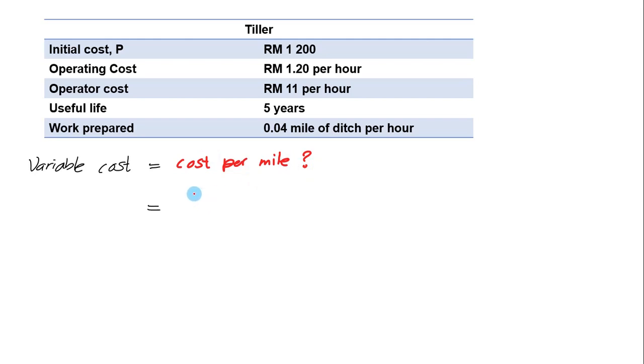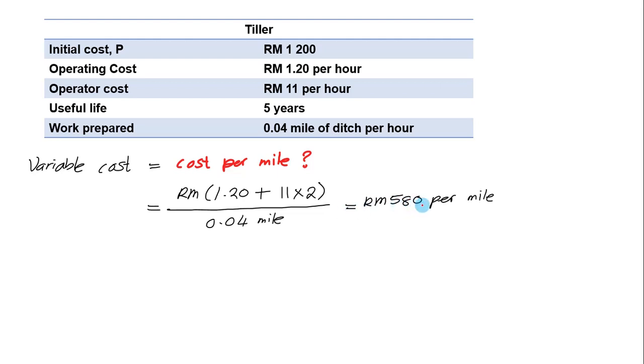This can be obtained by adding one ringgit and 20 cent to the worker rate, which is 11 ringgit per hour, but we have to multiply by 2 because this tiller requires 2 operators to operate. We divide this rate per hour by the number of miles prepared in 1 hour, which is 0.04 mile, and we get 580 ringgit per mile as the cost per mile.